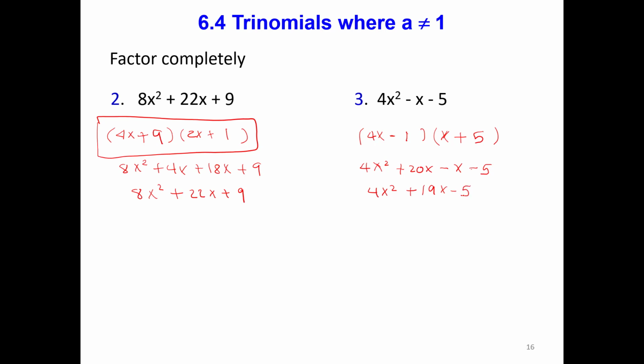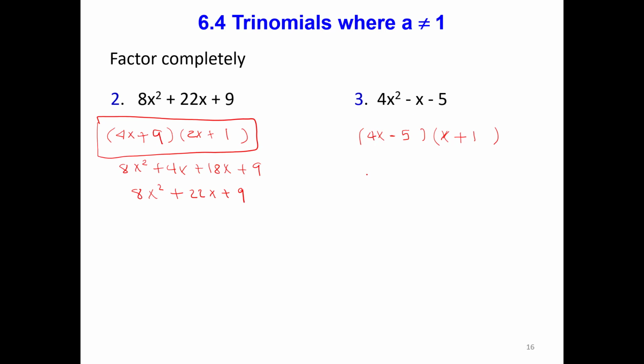And we don't want 19x, we need negative x. This doesn't work, then what we can do, because the only way to get 5 is if we multiply 1 times 5, in this case we switch the numbers. And maybe 5 is here and 1 is here. And we see if that works.